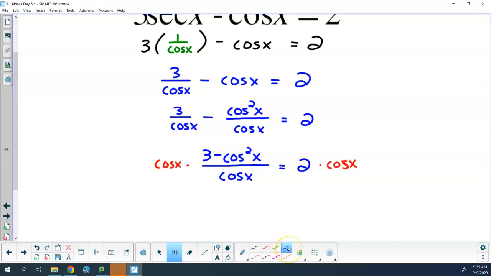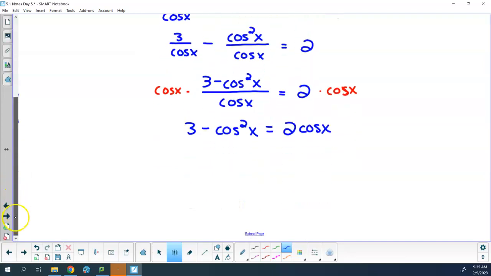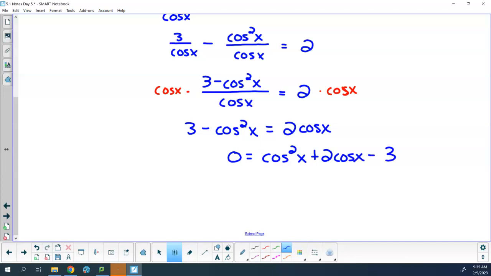then I get 3 minus cosine squared equals 2 cosine. Now if I get everything onto one side, I would get 0 equals cosine squared of x plus 2 cosine of x minus 3.